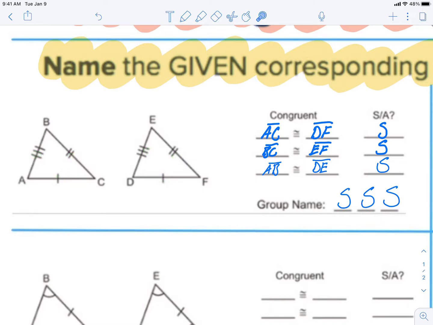The angles are also going to grow together. They could be small angles or big angles, but same size and same shape. Remember, that's what makes congruence: same size and same shape.